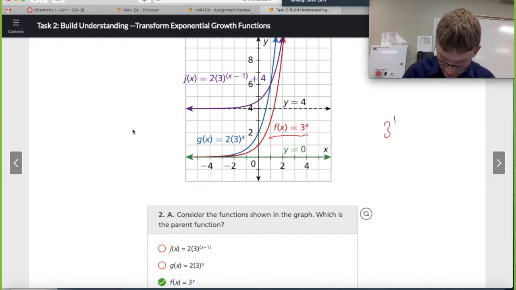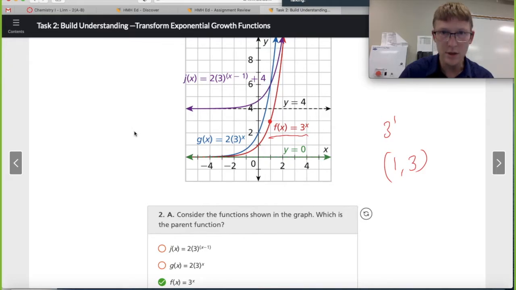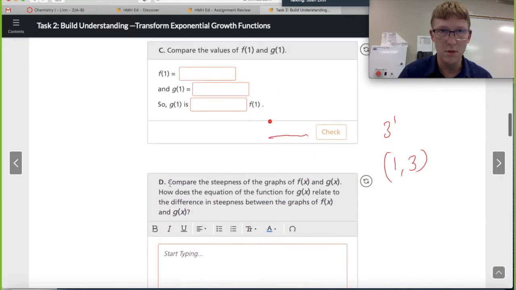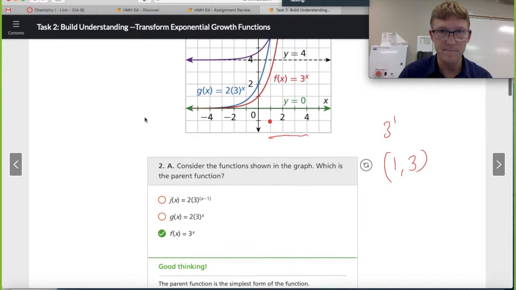So that is (1, 3) right there. And then g of 1. It did say g of 1, right? Yeah.